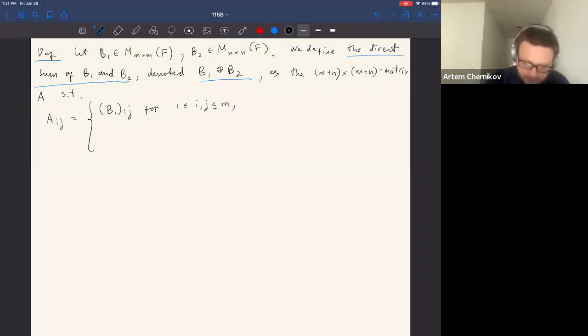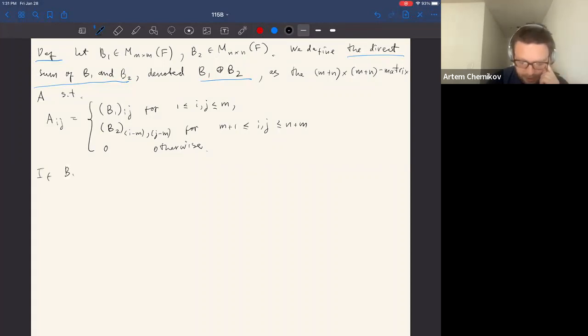Now it's going to be the entry of the matrix B2, but the indices are now going to be i minus m, j minus m, for all i and j between m plus 1 and n plus m, and we're going to put zeros otherwise. Okay, so this is the formal definition. We'll see a picture in a second, to give you a better intuition about this.